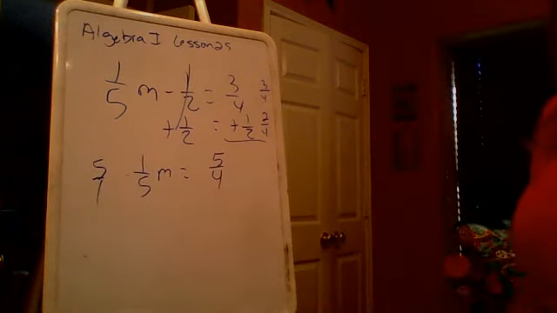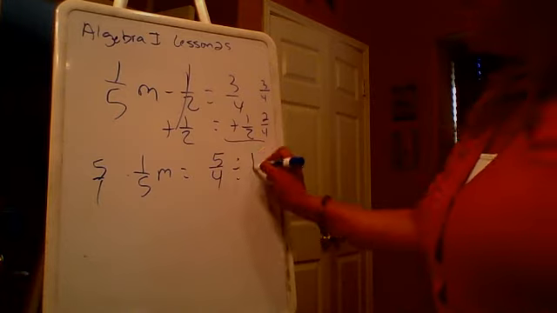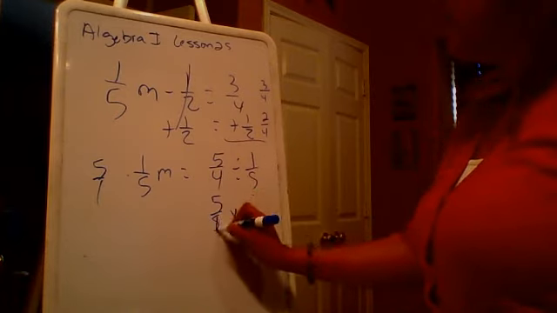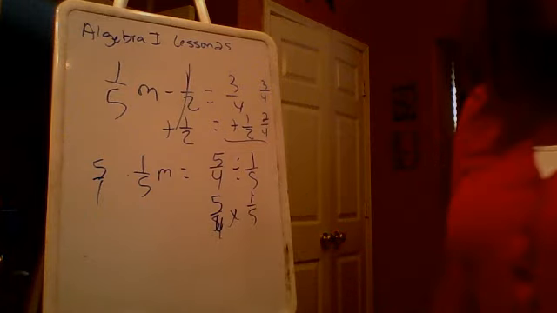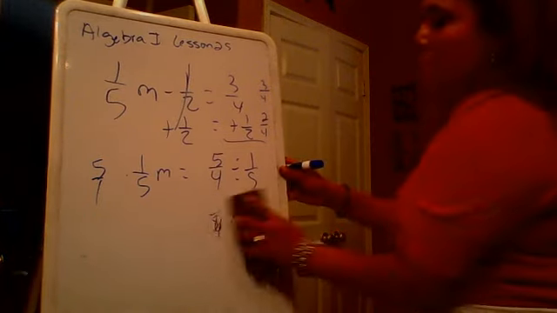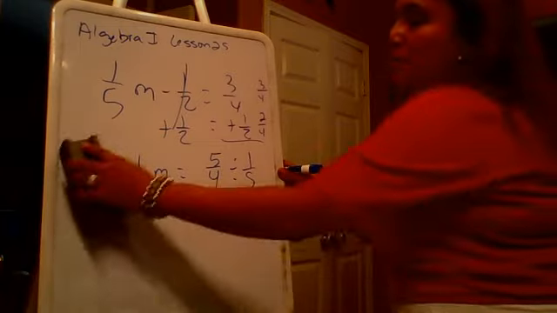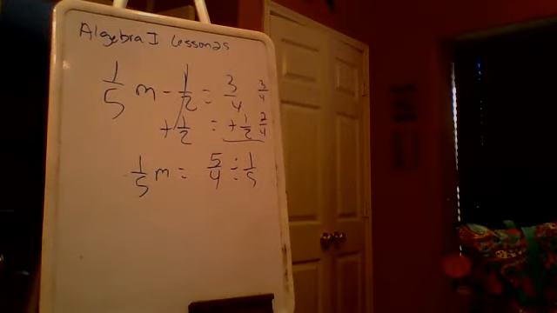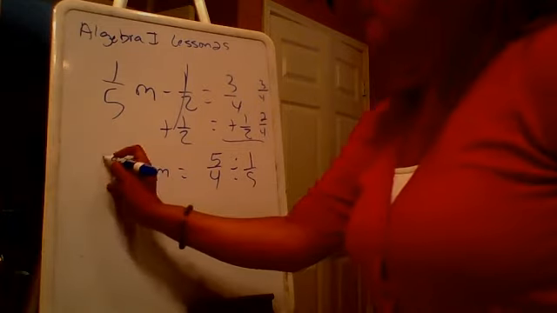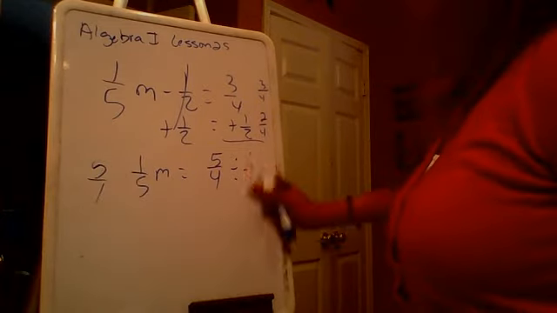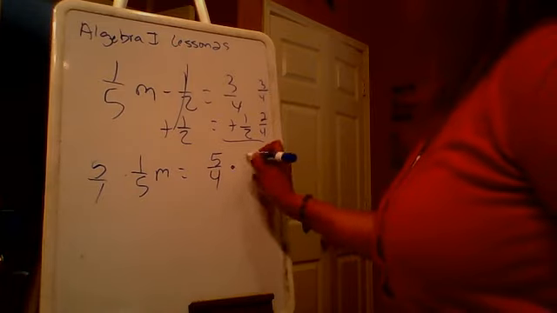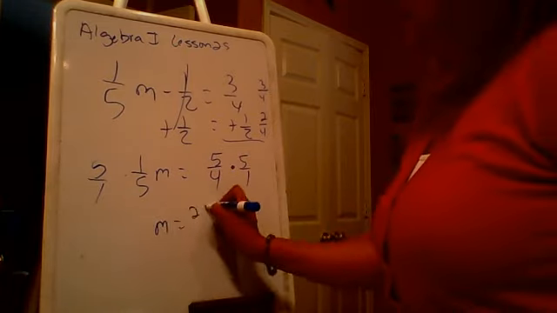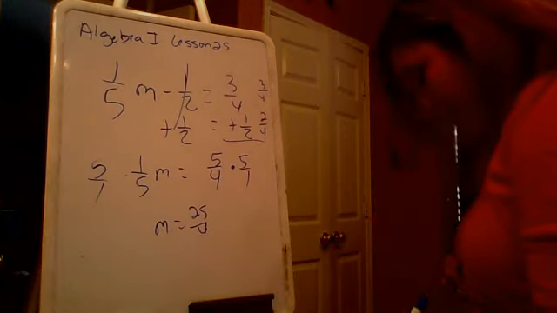I could divide by 1/5, but then you have to remember to keep, change, flip, and you tend to mess up that order or not do it correctly. So the best way when you have fractions is to leave them in improper or proper form, and then multiply by its reciprocal to get rid of it. What you do to one side, you do to the other side. So it simply becomes m equals 25 over 4.